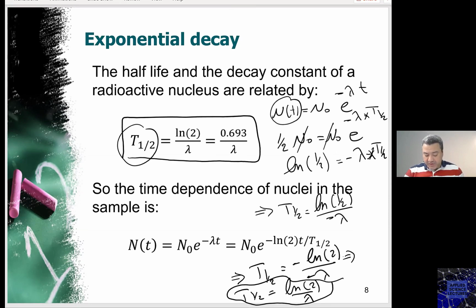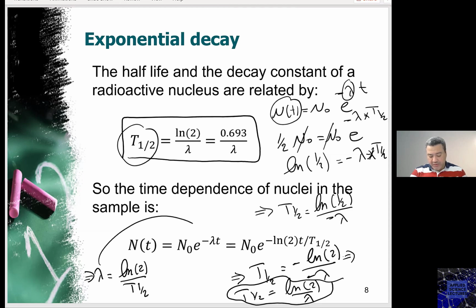If you now substitute for lambda, from here lambda equals natural logarithm of 2 divided by t half.